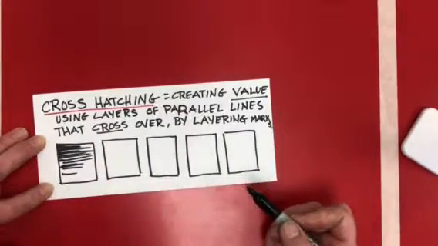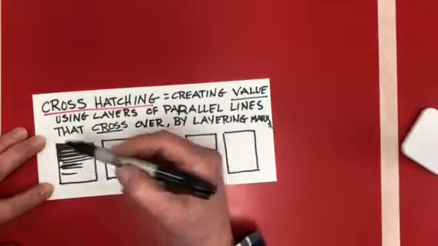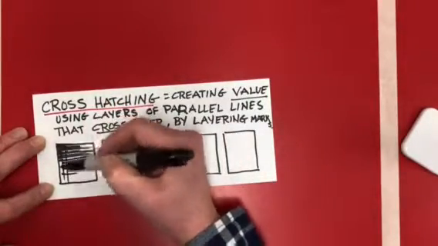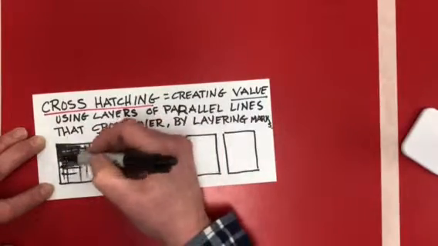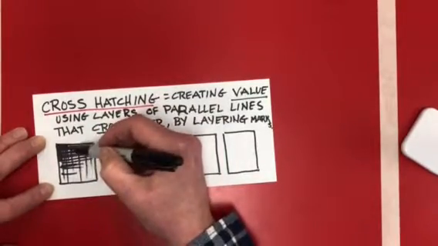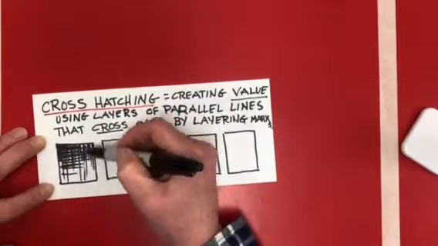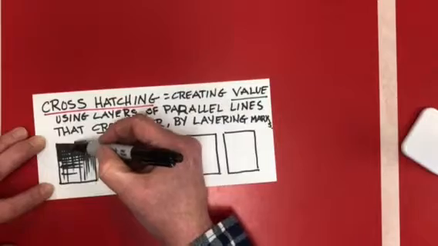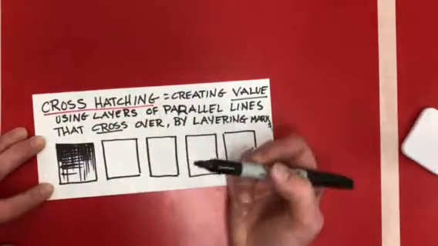Okay, so that's using hatch marks horizontally. Now I'm going to cross back over the top with vertical lines. So I'm crossing over horizontally and vertically. Again, I'm putting marks really close together to make the value look darker. I'm not coloring solid. I want to try to get away from that.